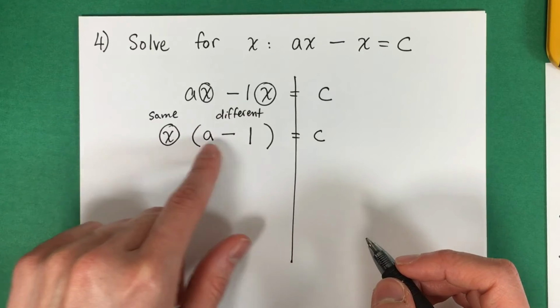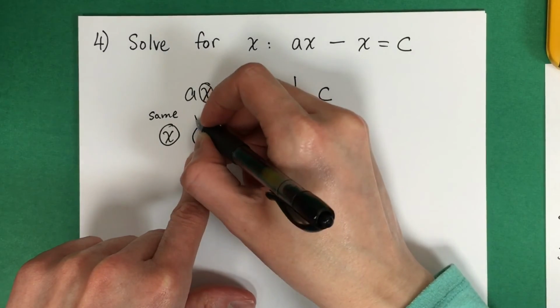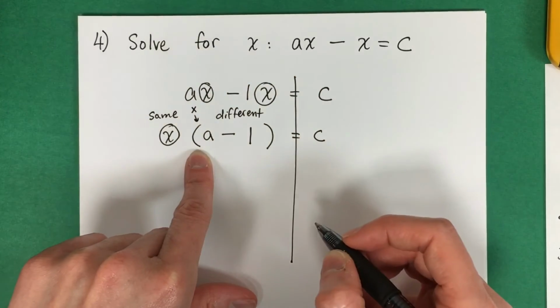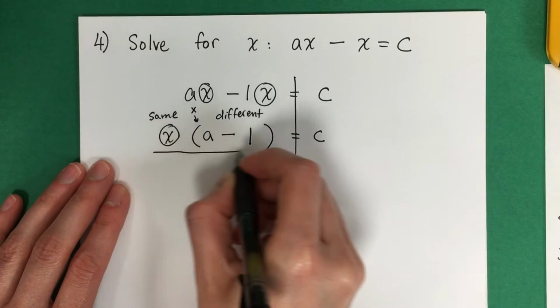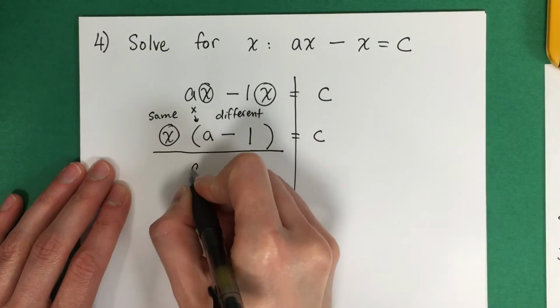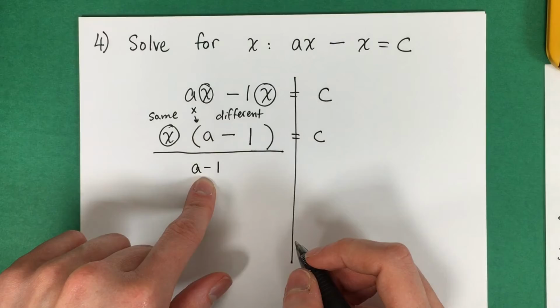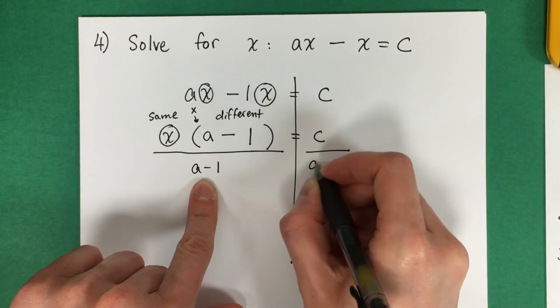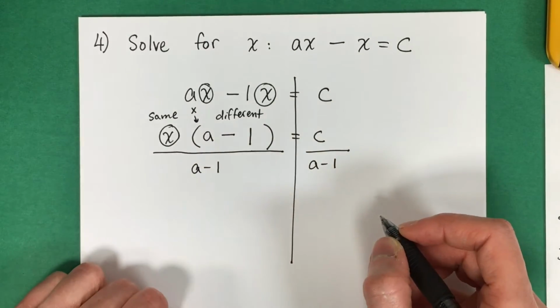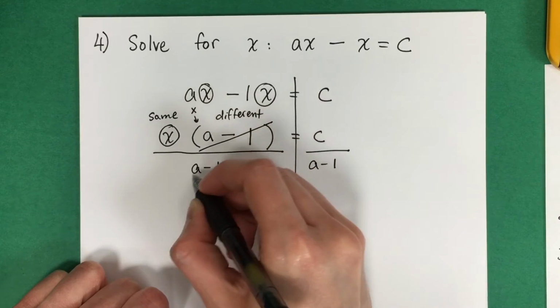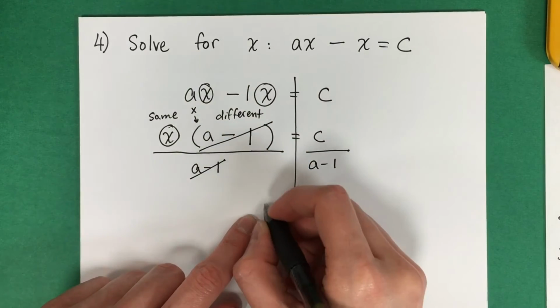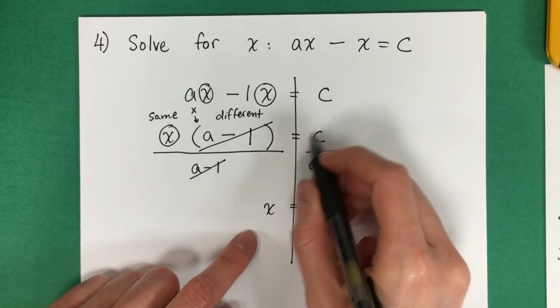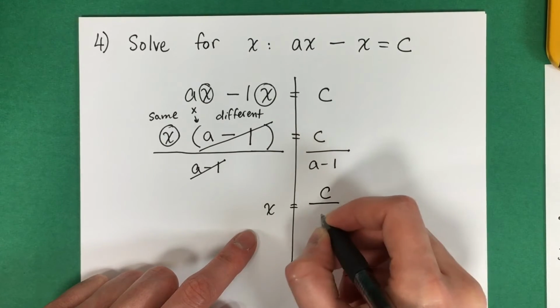A minus 1. In parentheses, parenthesis is multiply. The opposite is divide by a minus 1. No more parenthesis. Divide a minus 1. These are the same. They are 1. Cancel. Copy x equals. These are different, so we are going to copy.